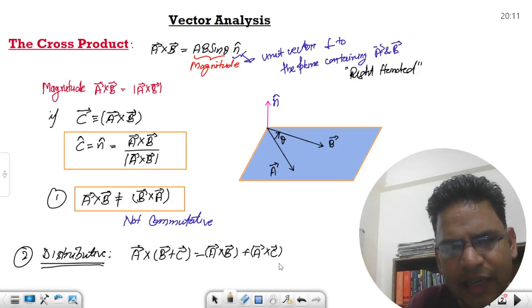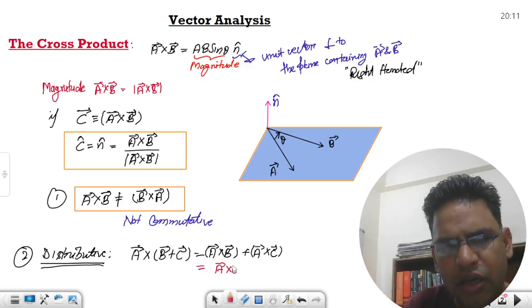Again, interestingly, addition is commutative. What does that mean? It means if I were to take a cross c first, which I was doing earlier, it is the same thing, it makes no difference, because addition is commutative.